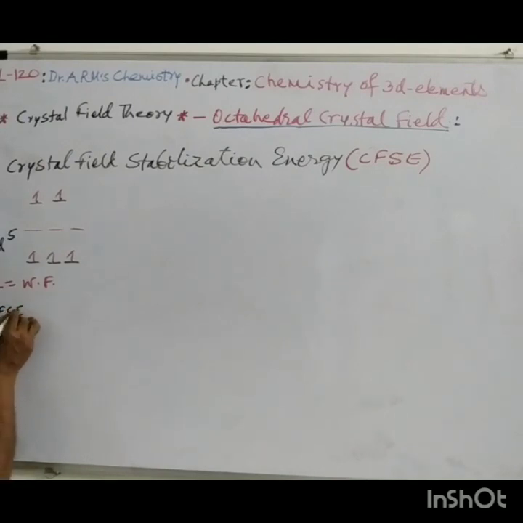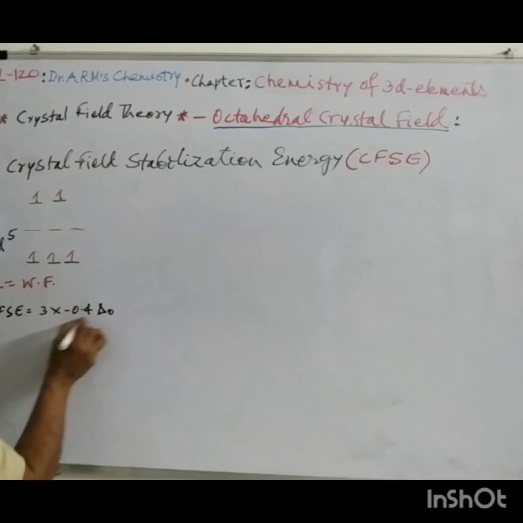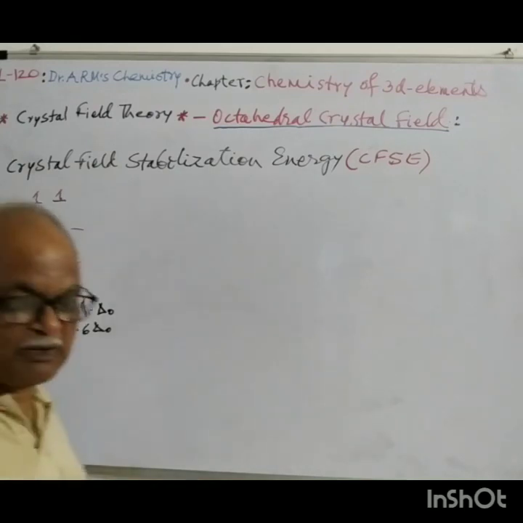The CFSE is 3 into minus 0.4 delta O plus 2 into 0.6 delta O. So 3 into minus 0.4 means minus 1.2, and 2 into 0.6 means plus 1.2. So minus 1.2 and plus 1.2 makes it 0.